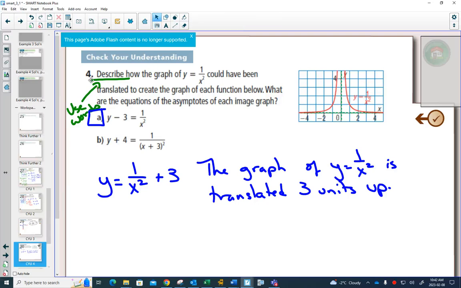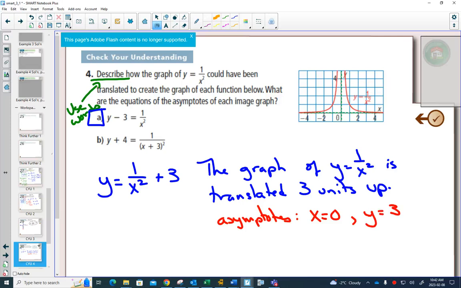If I translated it up 3 units, the asymptotes, and we can see from the original graph, the x equals 0 would be the same, but the y equals 0 would now be at y equals 3.